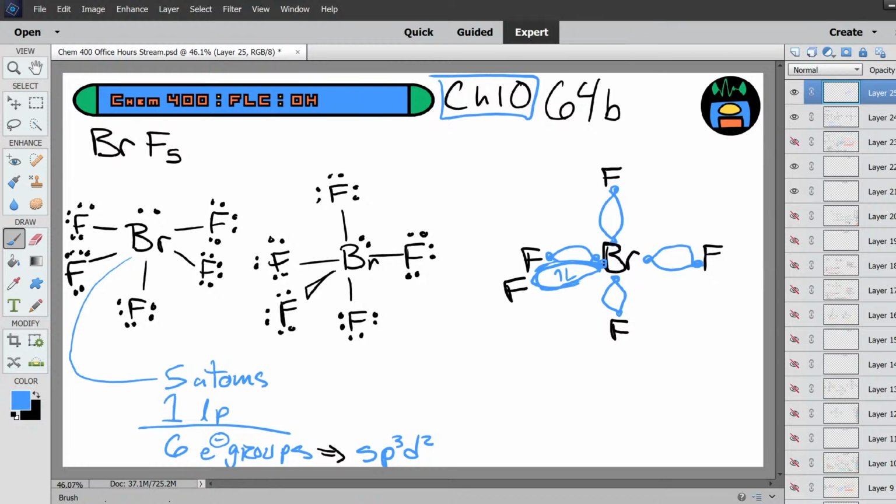So we got 2 there, 2 back behind, 2 up here, 2 in there, 2 in there, and then we have all of our lone pairs.